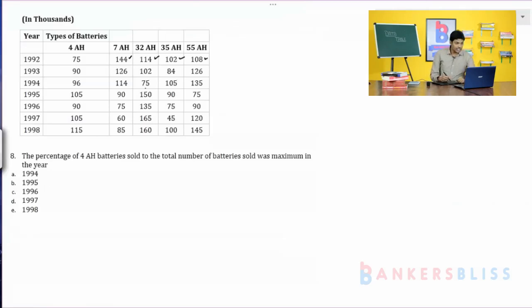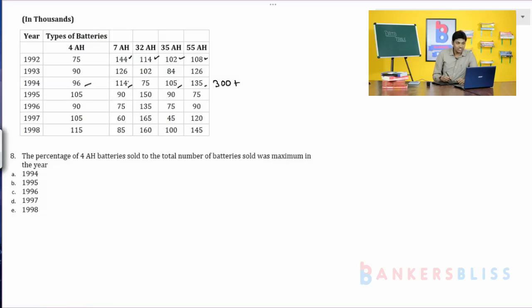See here, in 1994 the 4AH battery values are 96, 114, 75, 105, 135. Okay, so in 114 you take only 100, in 105 100, in 135 100. So altogether you got 300, plus the remaining values you take. In 96 you consider only 90, in 14 you consider only 10.